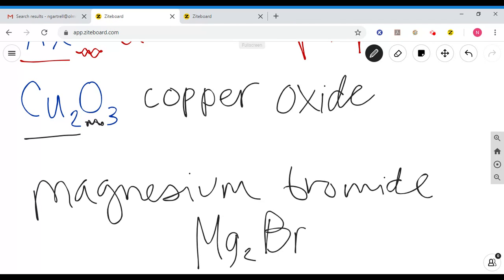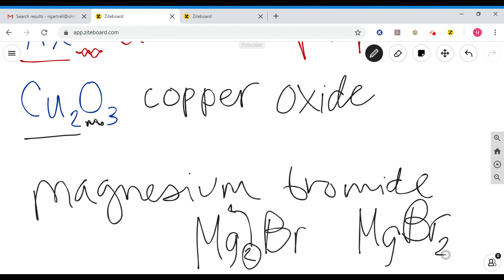If you're looking at this, you're like, well, it kind of looks right. Think about how the 2 got down there. Where did the 2 really belong? The 2 belongs up here with magnesium. So the right formula should be MgBr2. So you should be able to identify what's wrong in a formula as well.